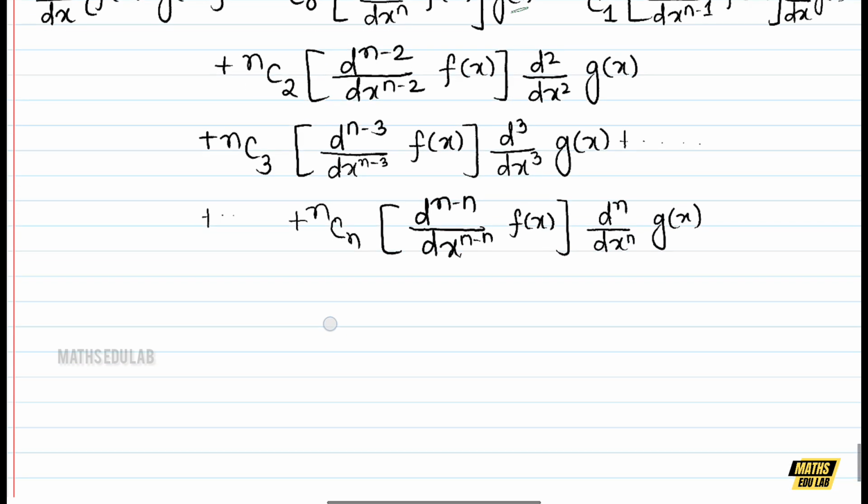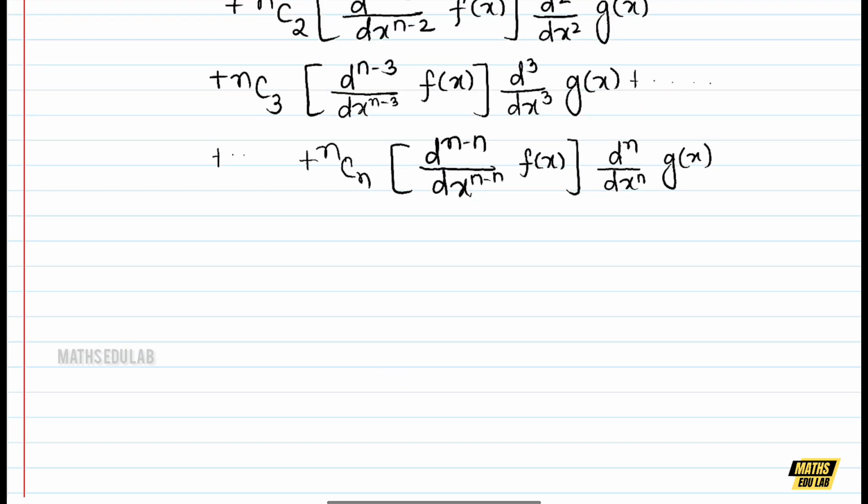So here we have to know some terms. In the formula it is given f(x). If two kinds of functions are given, what do we have to consider? f(x) will be our recurrence function.